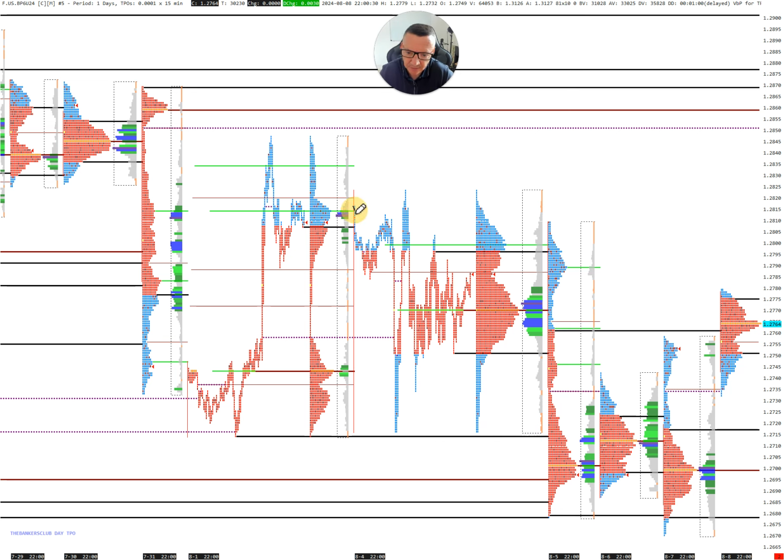Prices traded down, came back up to the value area high here, and then zipped down near enough to the pip to the previous day value area low area. Not value area high, value area low, sorry, my mistake, value area low area here.